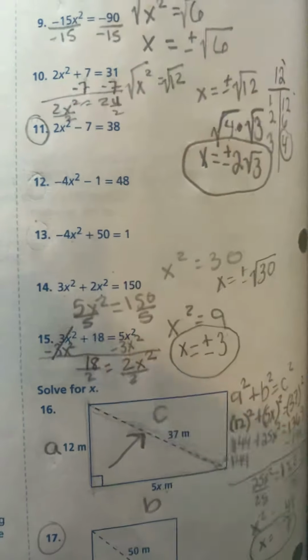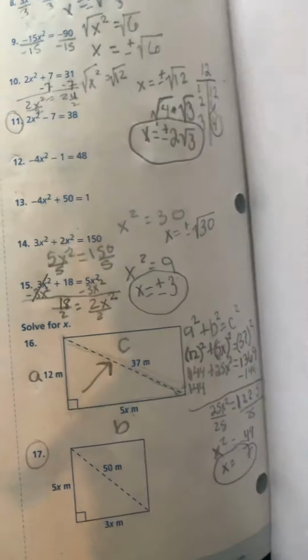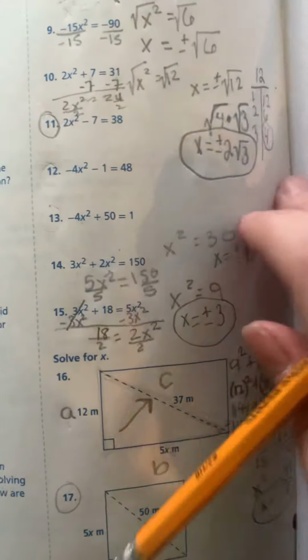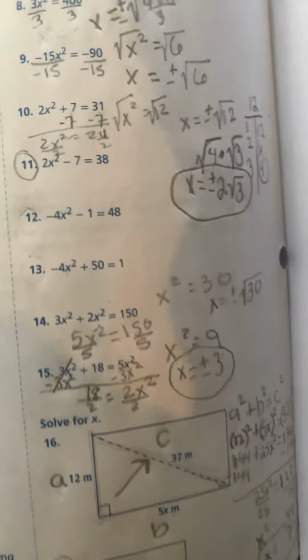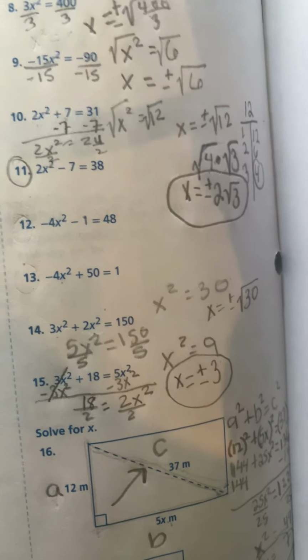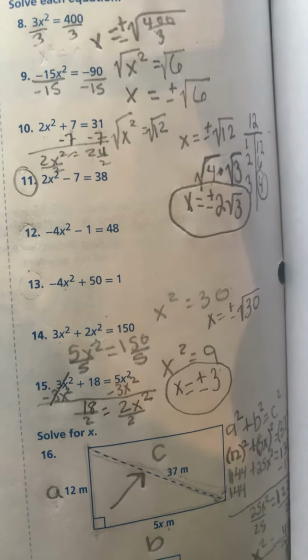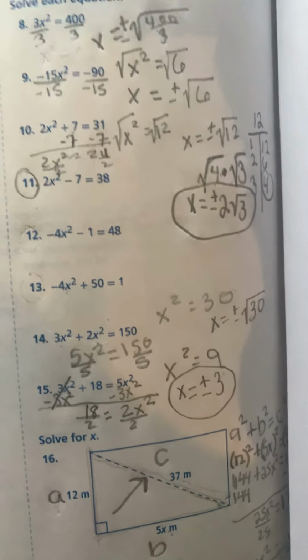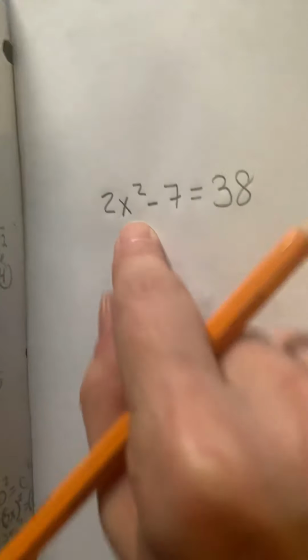I'm going to do this on a separate piece of paper. So I've got 2x squared minus 7 equals 38. So I want to get this down to just x squared on this side.